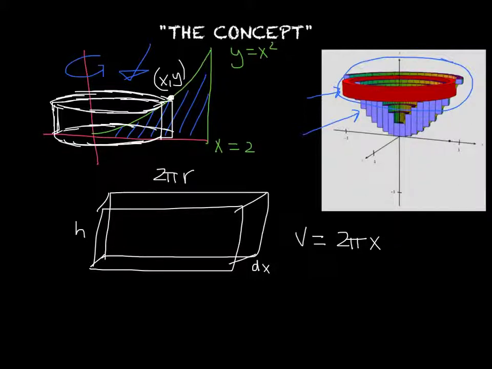But y is defined as x squared, and the thickness of this shell is dx, and that gives us the volume of one of these cylindrical shells. And we would want to integrate this from 0 to 2 of 2 pi x times x squared.